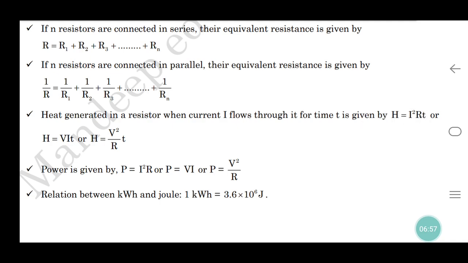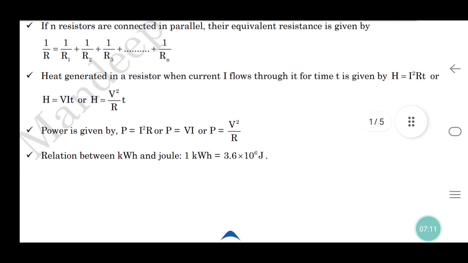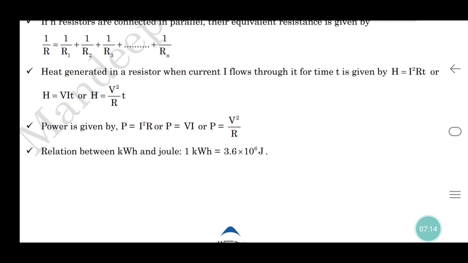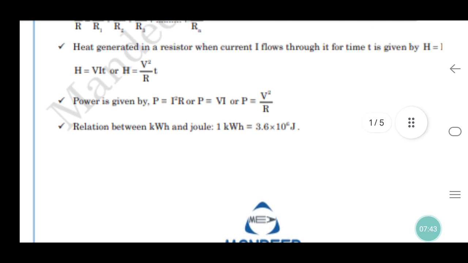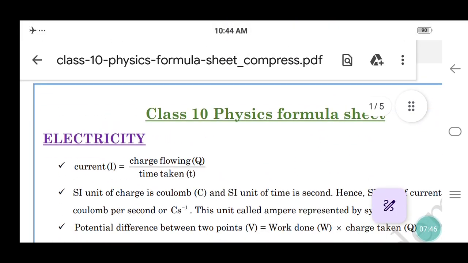When current passes through, some heat energy is also generated, so H is equal to V into I into T. Next is power: P is equal to I square R, or P is equal to VI, or P is equal to V square by R. Relation between kWh and joule: 1 kWh is equal to 1 kilowatt hour is equal to 3.6 into 10 power 6 joule. So these are the electricity formulas.